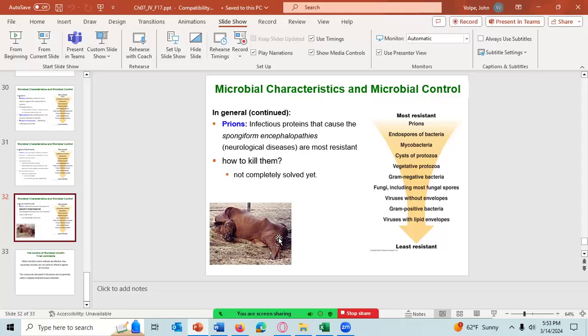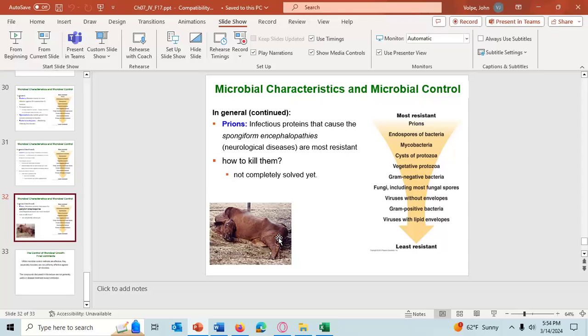How to completely kill prions is not completely solved yet, but one treatment they do use when operating on a prion-infected patient is you can apply proteinases to your surgical instruments, and that will get rid of the prions. Proteinases dissolve the proteins, which will then get rid of the prions.